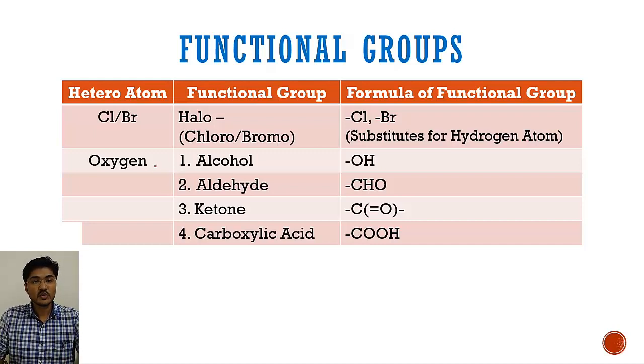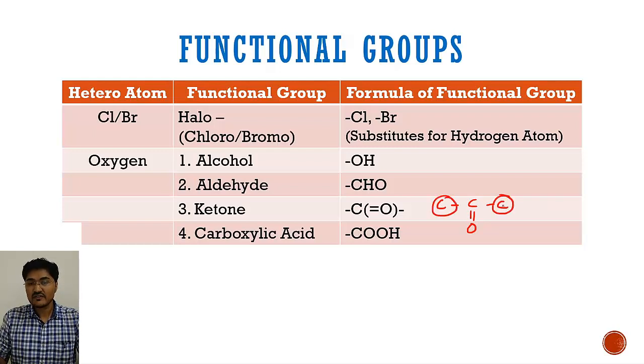When we want to use oxygen as a heteroatom, there are 4 things that we are going to study in this chapter. That is alcohol, aldehyde, ketone, and carboxylic acid, which have functional groups OH, CHO, C double bond O, that is, C=O, and both the ends, both the valencies, can be satisfied with another carbon or hydrogen.